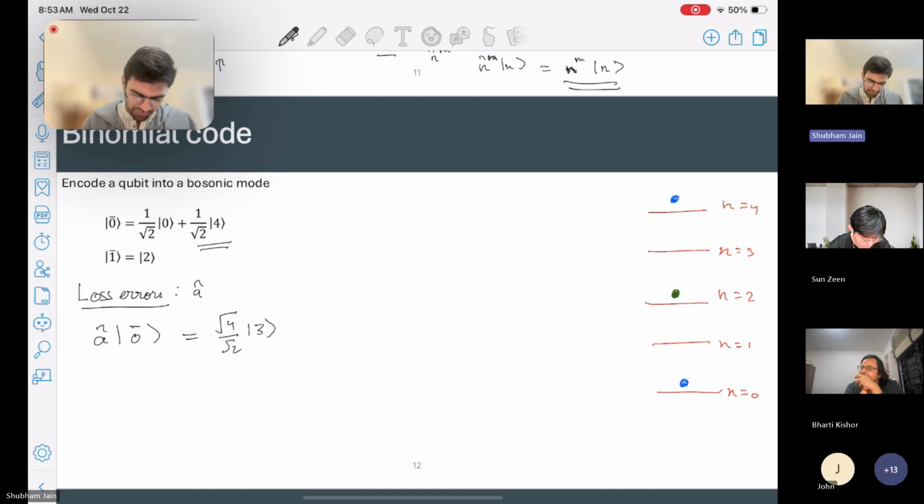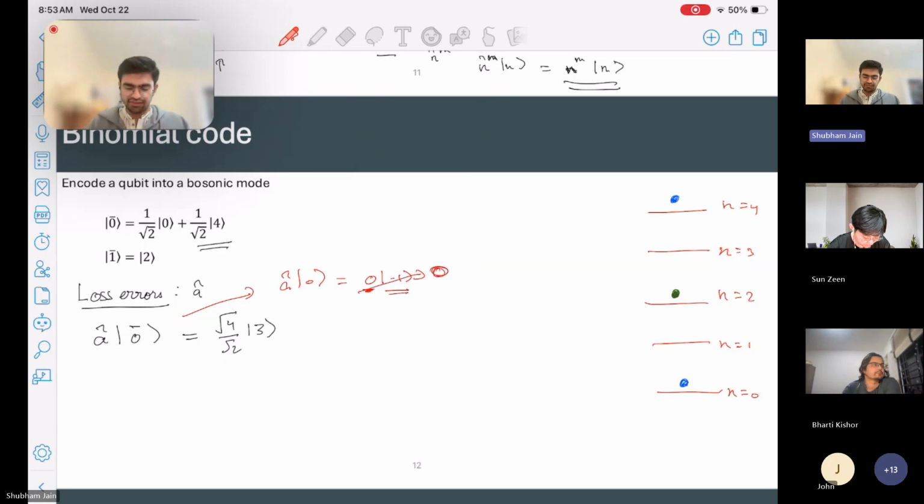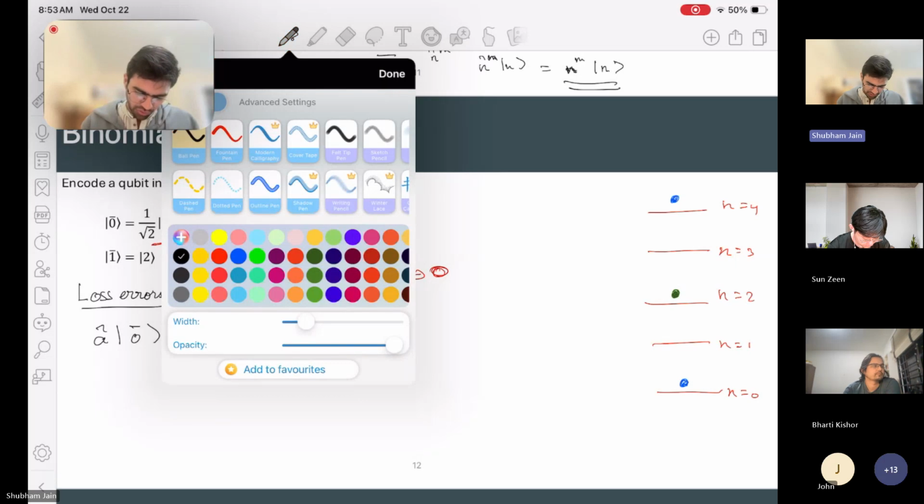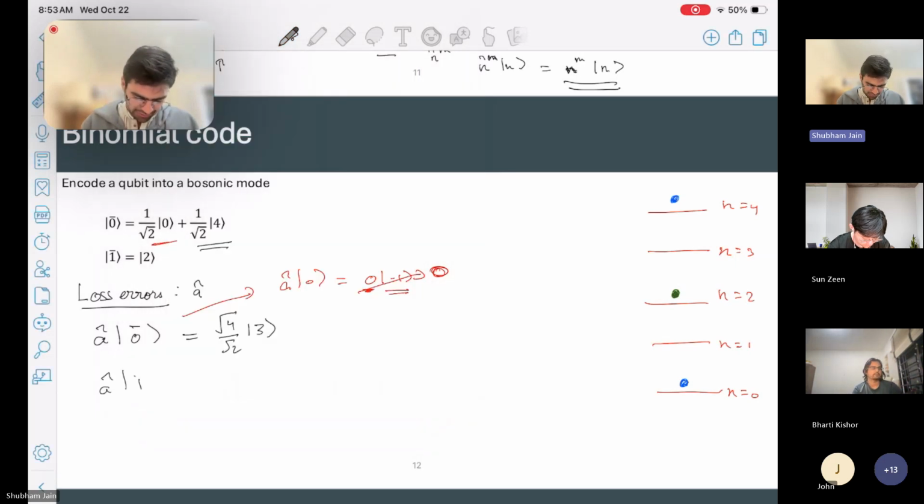If you try to see the action from the formula, a applied to |0> would just be zero. So this is not the state |0>, but the state is completely annihilated. So there's no contribution from this one when we apply the photon loss error. On the one state, we can write down the action as square root of 2 times |1>. And this is actually the square root of 2 times |3>.